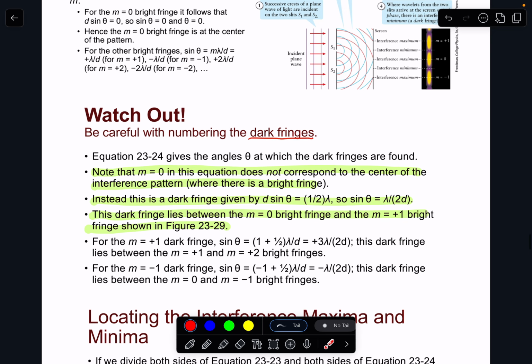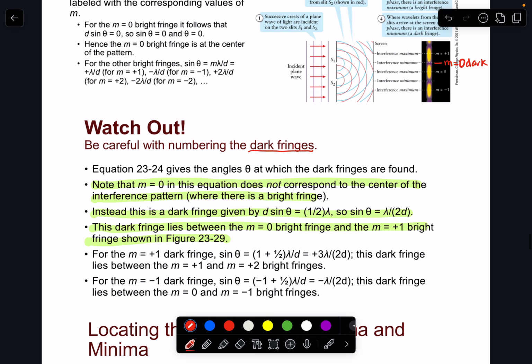So this guy right here is where we're going to call m equals 0 dark. Okay, we're going to place it right here. And then m1 dark would be here. And then m minus 1 dark would be right here.